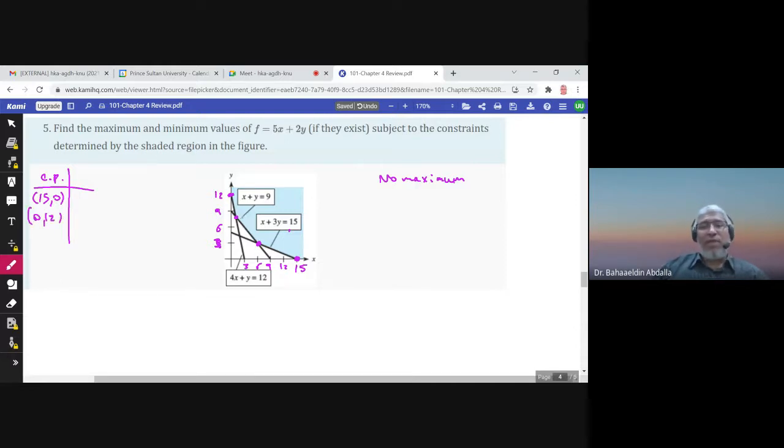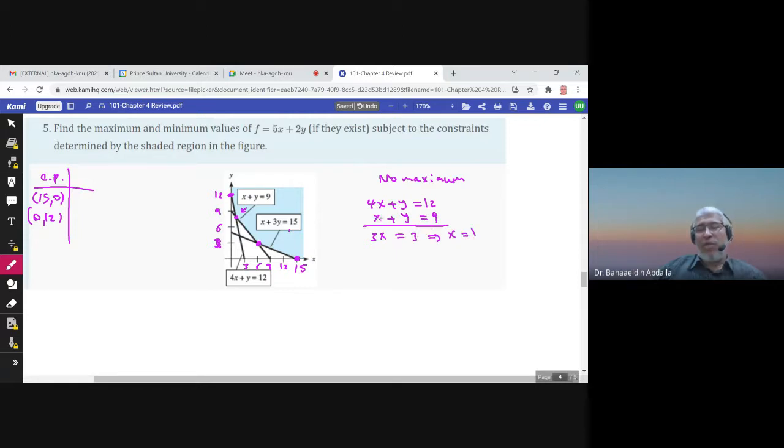And now to find this corner point, it is the intersection between this line, which is 4x plus y equals 12, and this line, which is x plus y equals 9. And if I just subtract, 4x minus x is 3x, y minus y is 0, 12 minus 9 is 3, so x is 1.